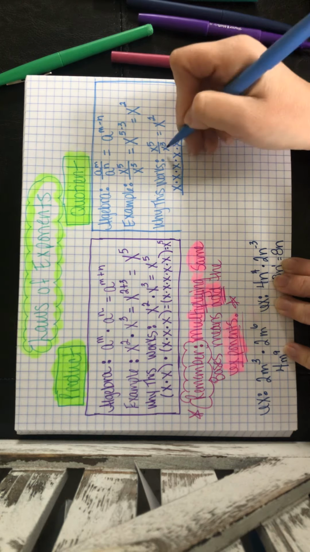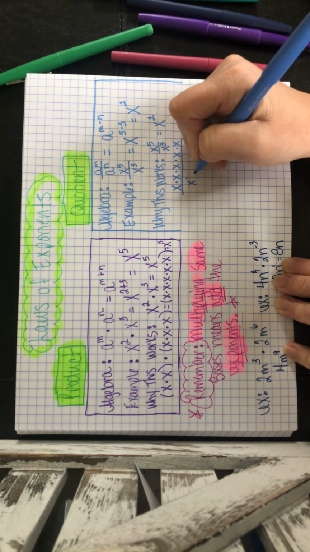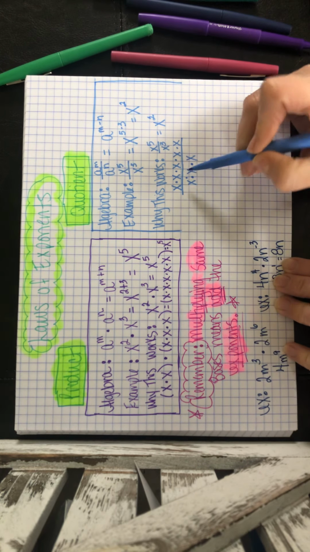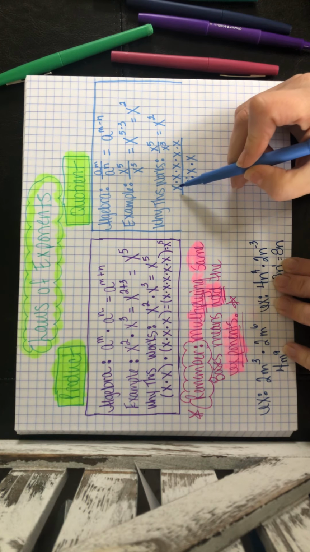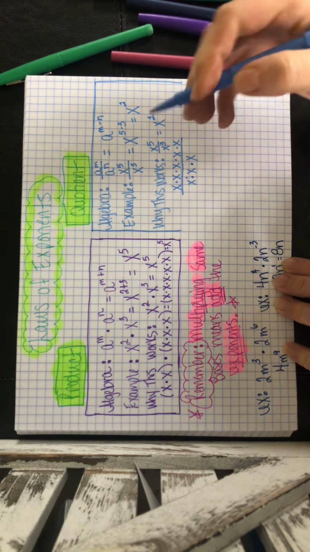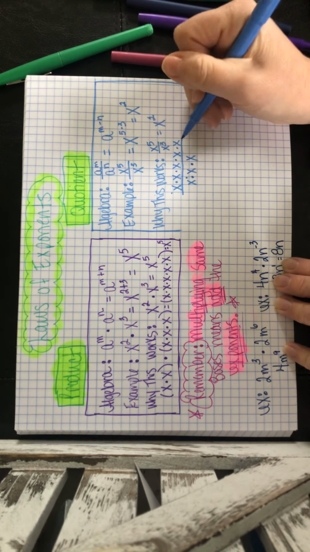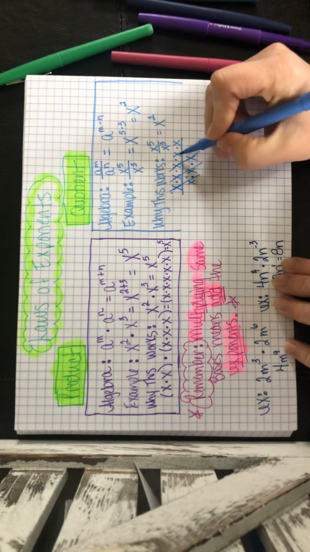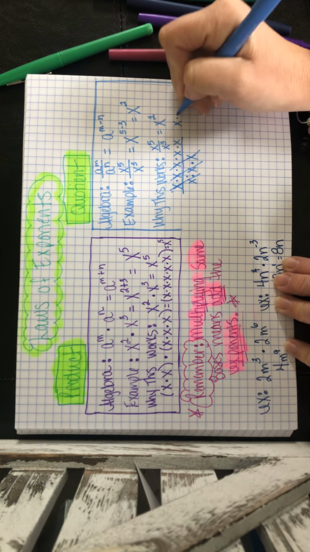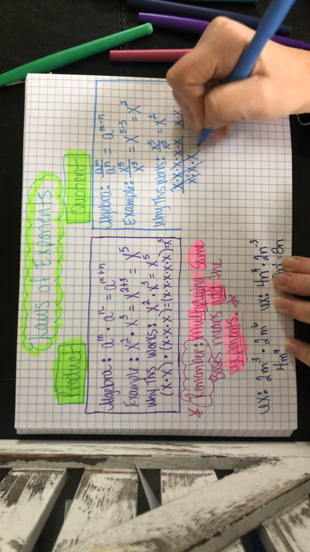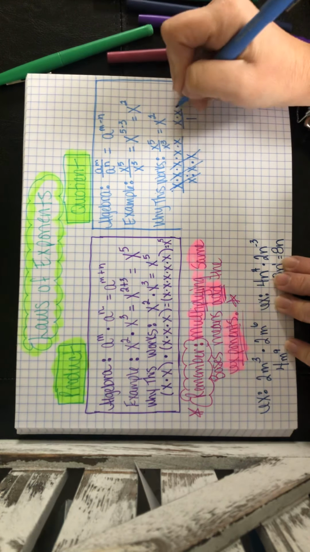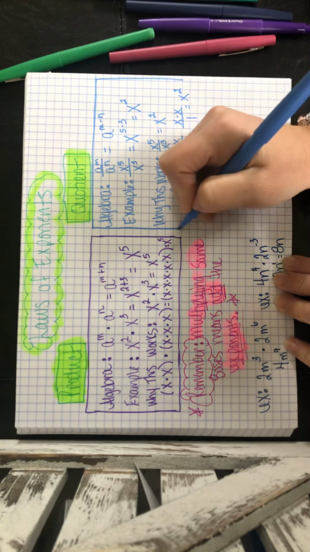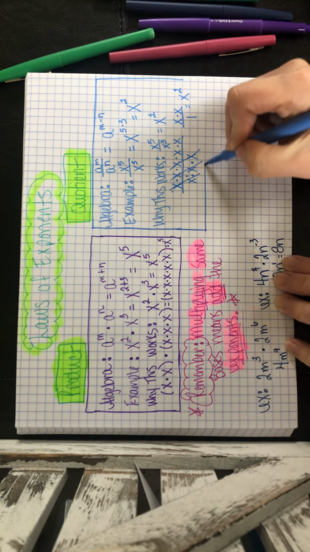That's being divided by x to the third, which is x times x times x. So remember, when you have something in the numerator and it matches with something in your denominator, you can simply get rid of those. So we can get rid of 1, 2, 3 of our x's. So here we're left with x times x in the numerator. We're left with nothing in the denominator, so that's like a 1. So x times x is x to the second over 1, or just x to the second. So that's why that rule works.